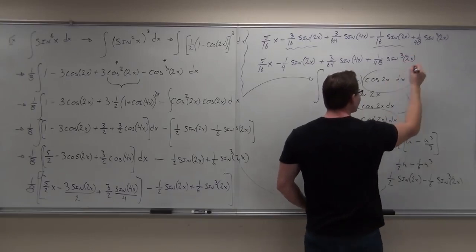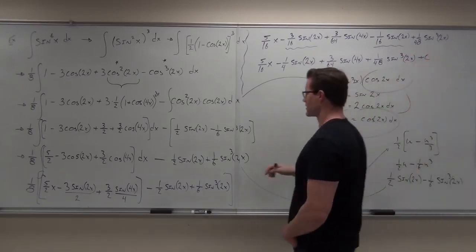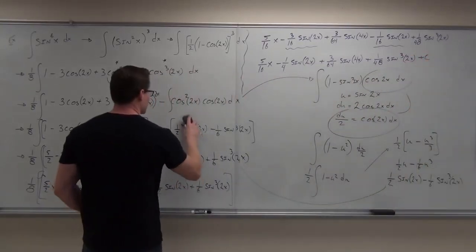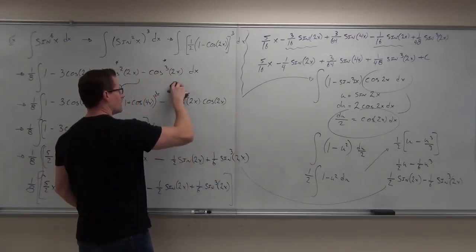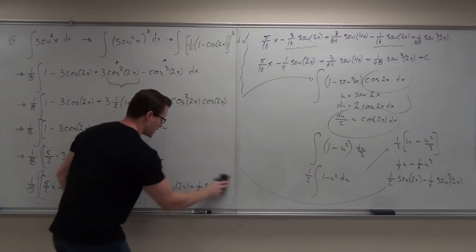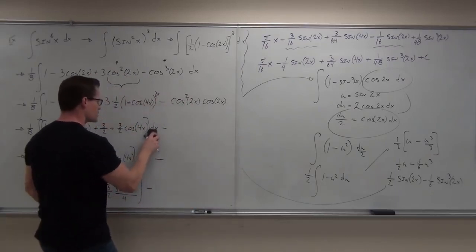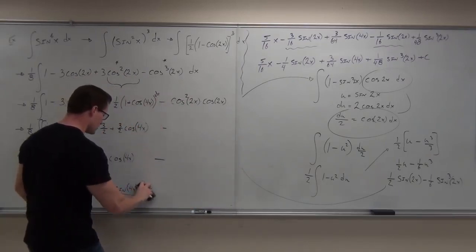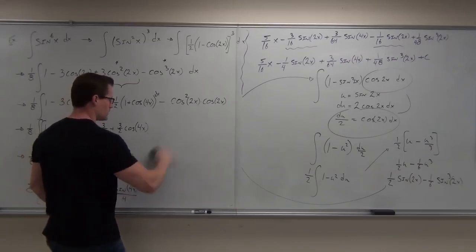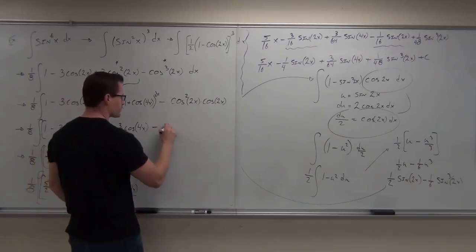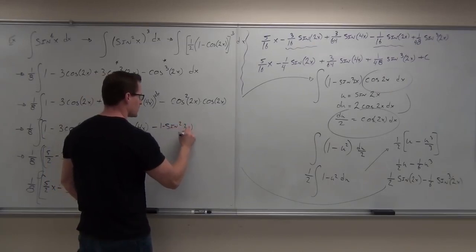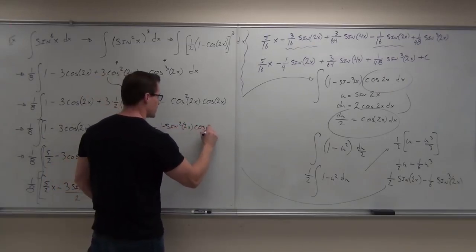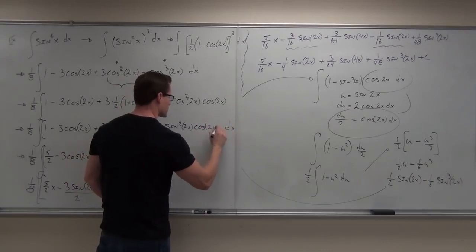And lastly, I want to show you one more thing with this. If you didn't do the integral, I do want to prove to you that it does come out the same. So imagine you didn't do this right here. What you'd have is 1 minus sine squared 2x times cosine 2x, all dx.